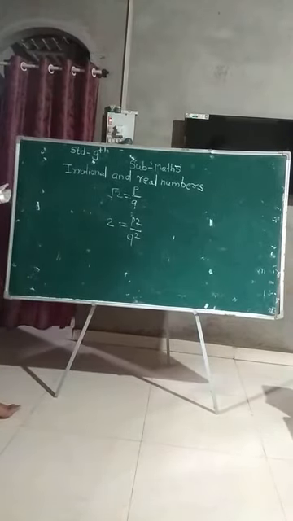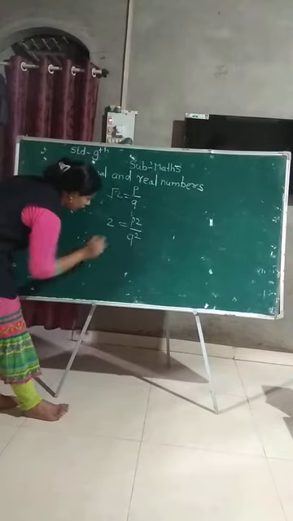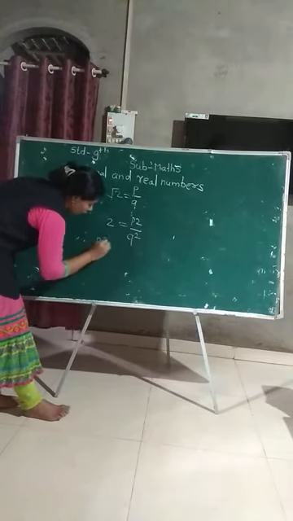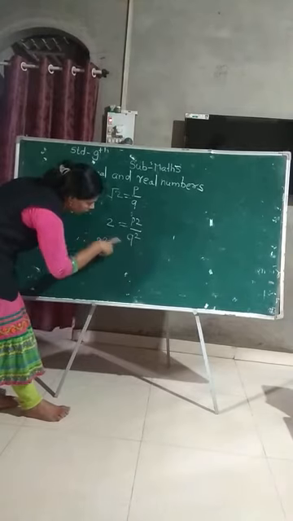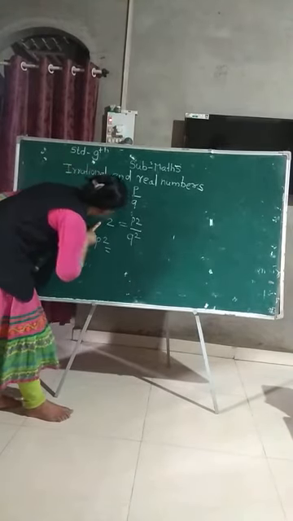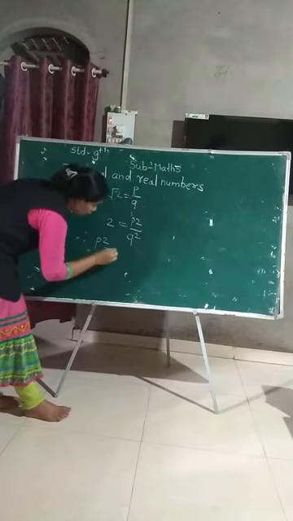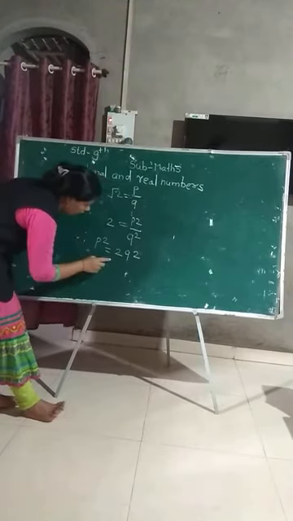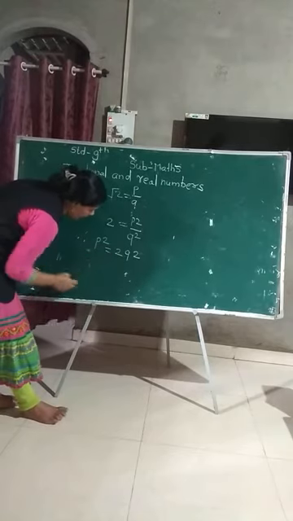Now we write this in terms of p square. So p square is equal to, here q square goes to the left-hand side, so it becomes 2q square. p square is equal to 2q square.